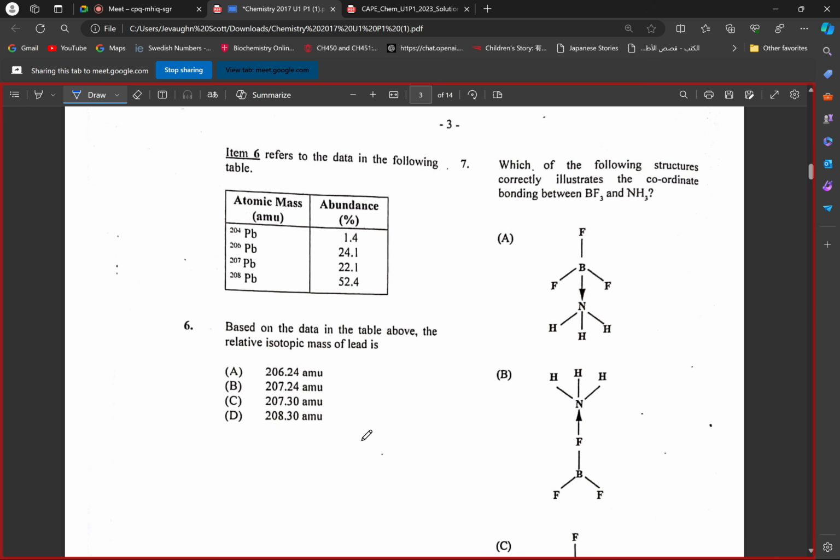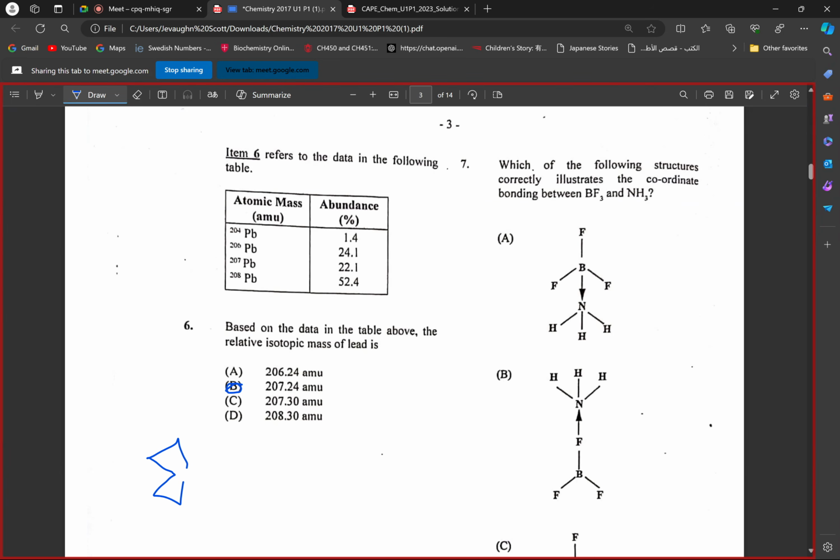The answer is B. Interesting. Alright, so 27.24 is it, right? I memorized the relative atomic mass. But once you do the equation, what is the equation that we use here?